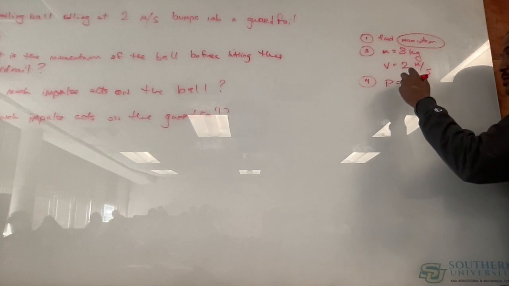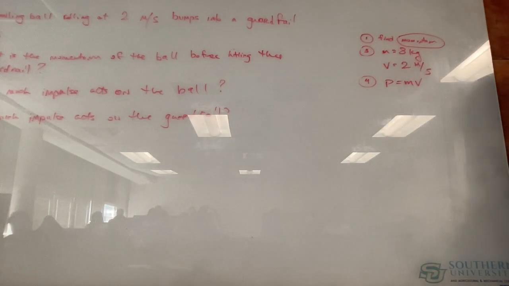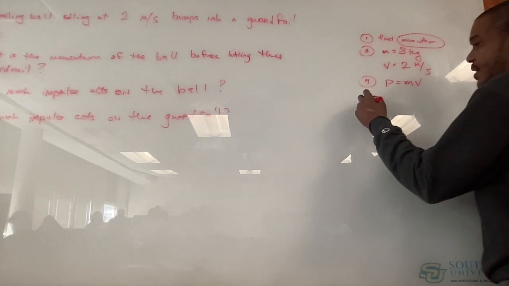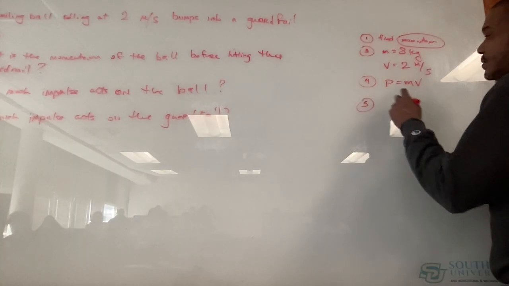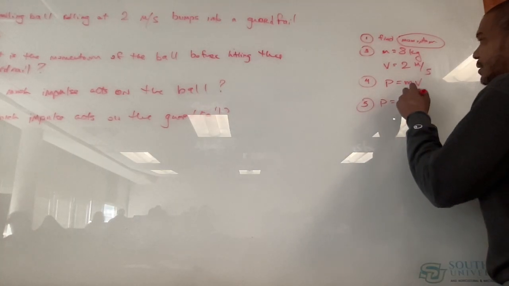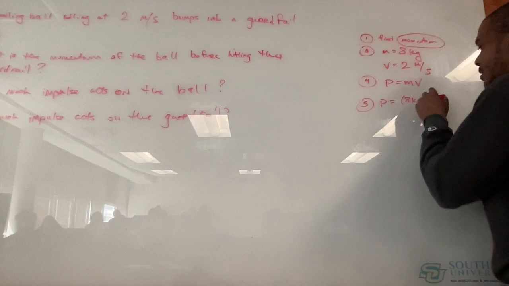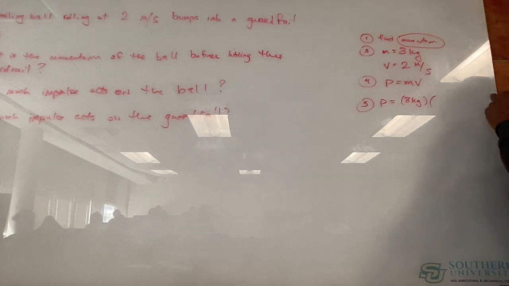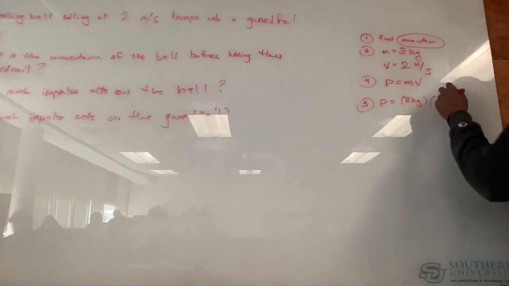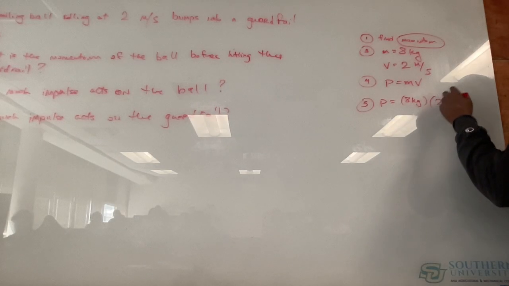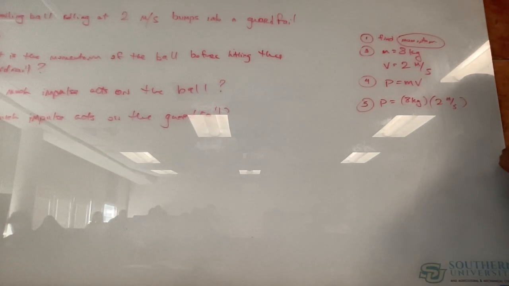Momentum, P equals mass times velocity. That's it. Right? And 5, right? So we can just what? P, and then mass is in kilograms, 8 kilograms. We need to make sure we have the right units, right? And 2 meters per second, right?